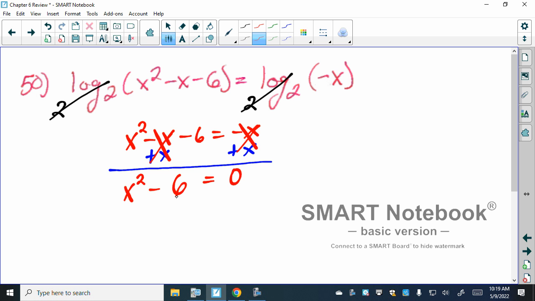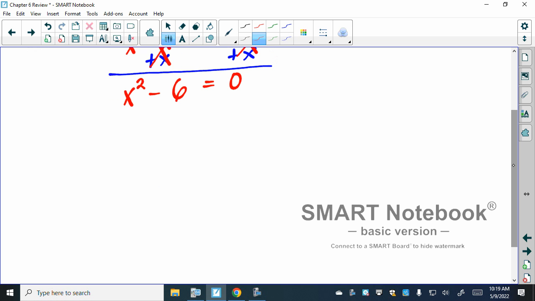Can we factor this? No. Because what we're looking for is two factors of 6 that will either add together or subtract from each other to give me 0. That just doesn't work. But do we have a middle term? Because middle term would be term with just x to the first power. Do we just have a term with x?